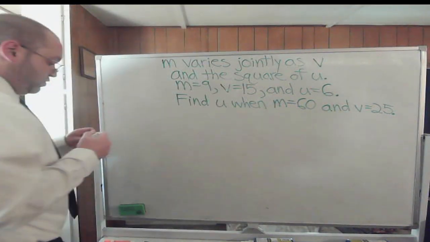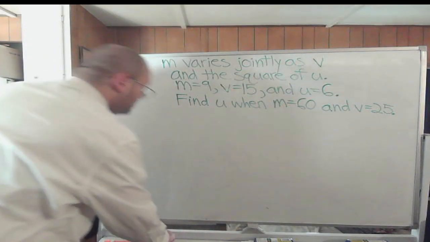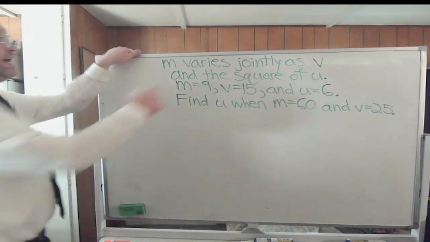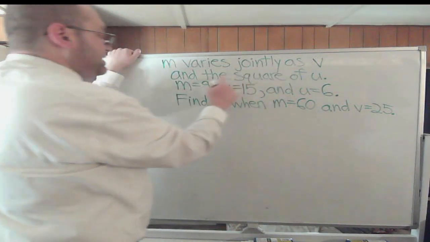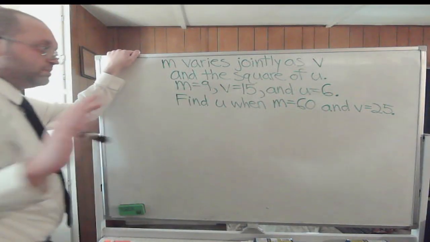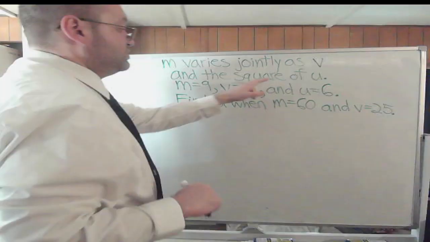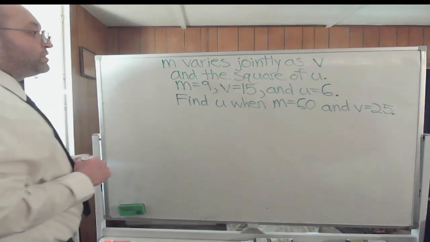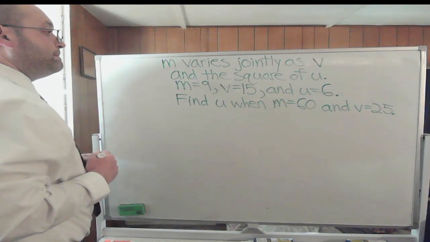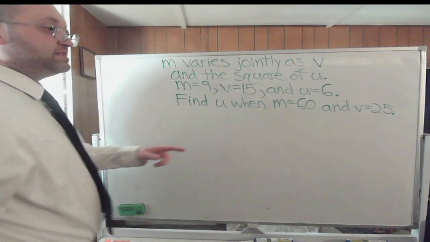Alright, so we have the problem here, m varies jointly as v and the square of u. Let's start with that sentence. Now let's talk about some terminology here.